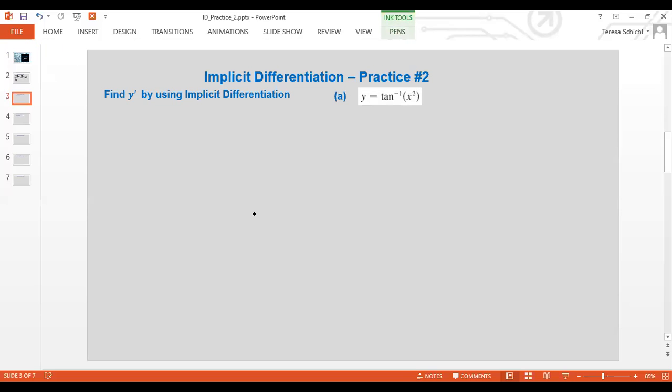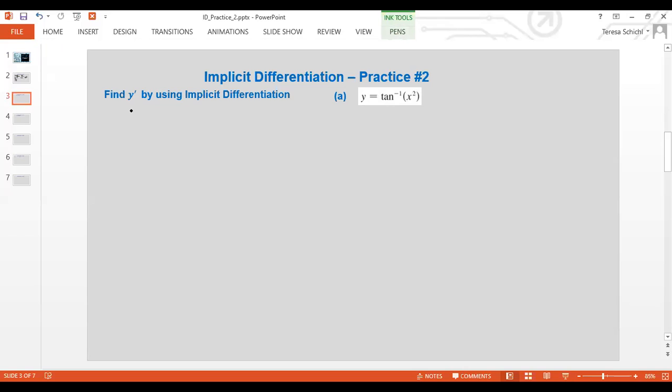For the first problem, I want to find y prime by using implicit differentiation. Of course, some students say, hey, the textbook gives me the formula for the arctangent. Yes, it does. But sometimes when you take a test, your teacher will not allow you to use the formula sheet. Then how do you do that?